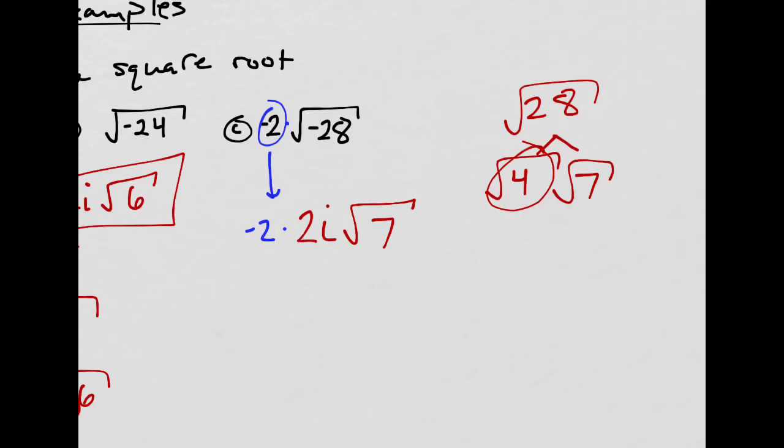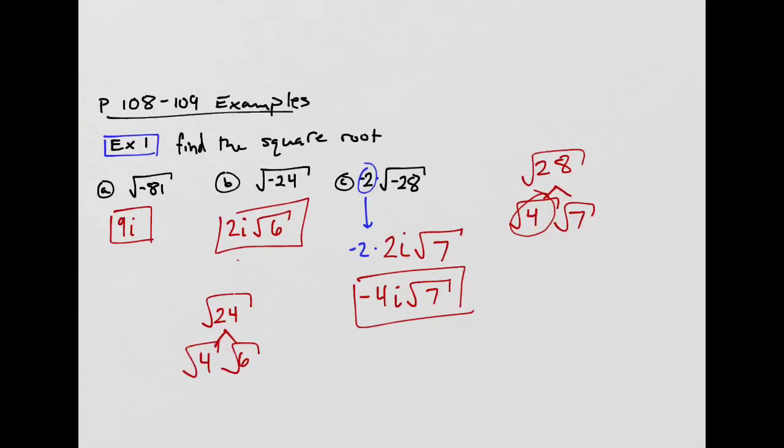So then what do we get? Well, we have negative 4, because we're multiplying. Negative 4i times the square root of 7. And there we have it.